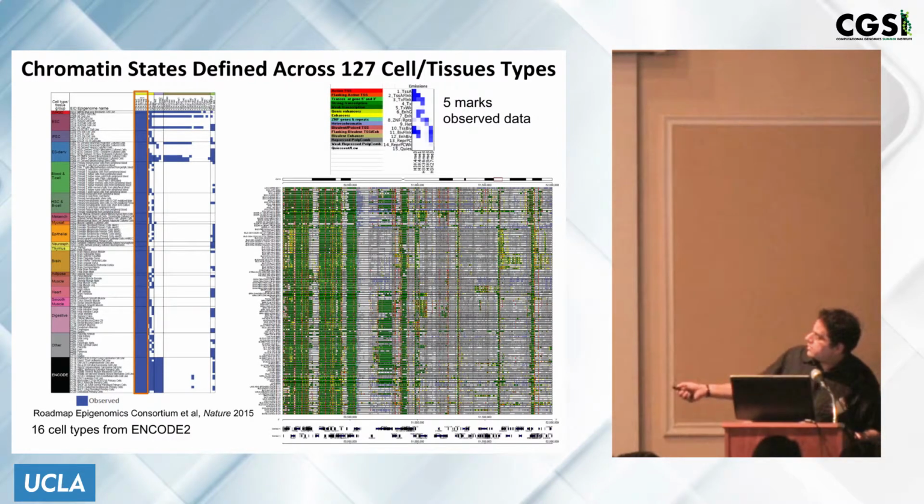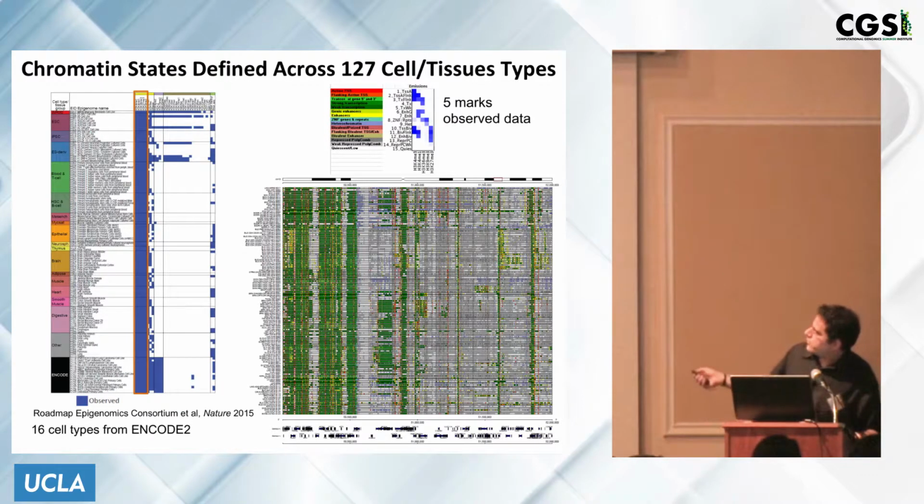What you're seeing here is that the rows correspond to different cell or tissue types, grouped into these major groups, and the columns are individual histone modifications or other related chromatin marks. Blue means that a mark was mapped experimentally in that corresponding cell or tissue type, and white means there wasn't any data available.